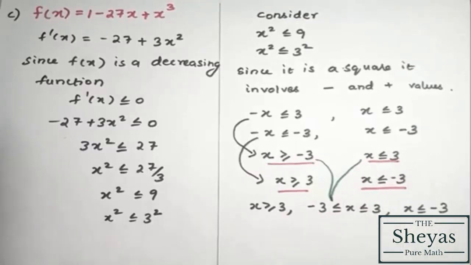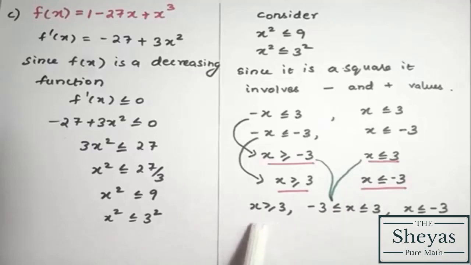You refer to the previous problem we have done. We have taken some values which are greater than 3, some values which are less than or equal to minus 3, and some values between minus 3 and 3, and then you can check whether the function is decreasing or increasing. So here you can do the same steps which I have followed in the previous problem.